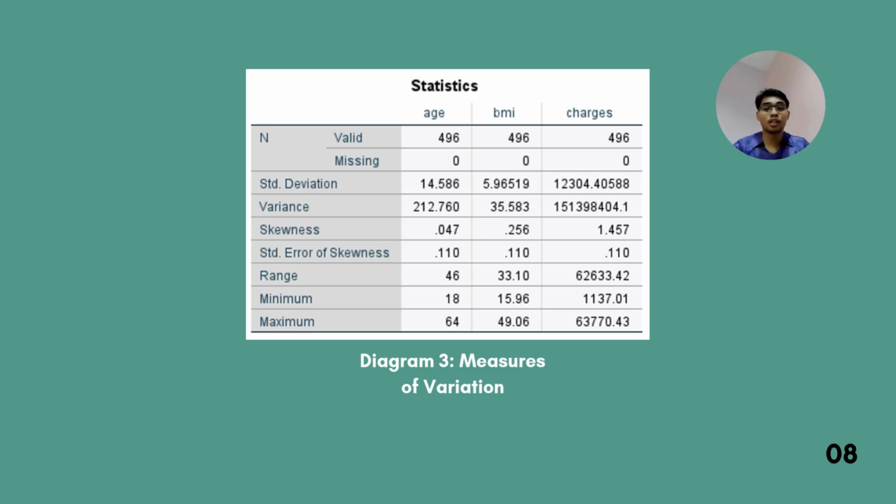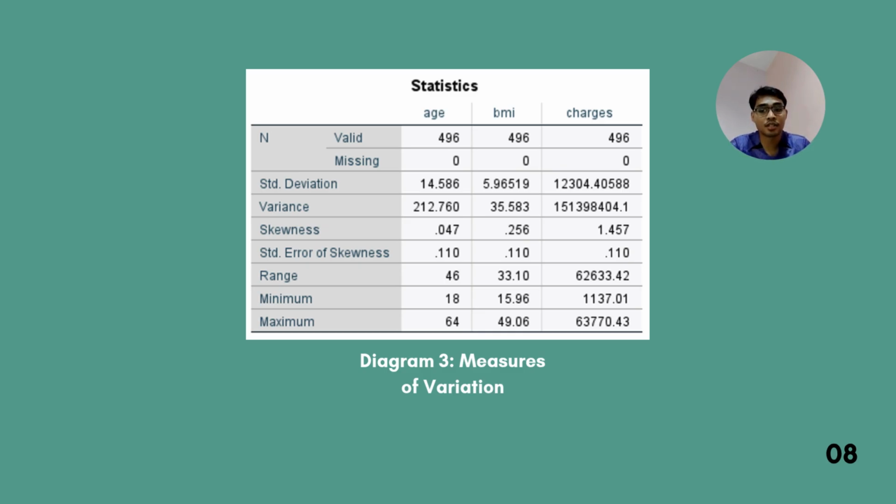For the medical insurance charges, the variance is 151 million 398,404 ringgit 10 cent. The standard deviation is 12,304 ringgit 41 cents.